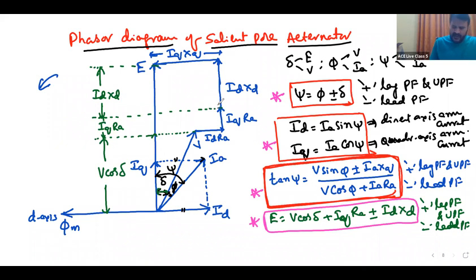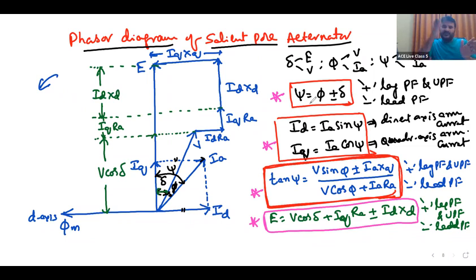An important thing is, I just want to derive this equation, how tan psi comes. All the information you can get from the phasor diagram. From the phasor diagram, you can remember psi is equal to phi plus delta. ID you can also remember, and E you can also find. With a bit of practice, there is no need to forget.